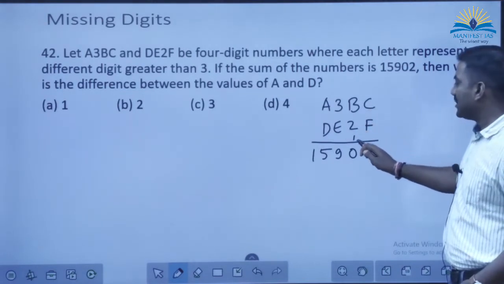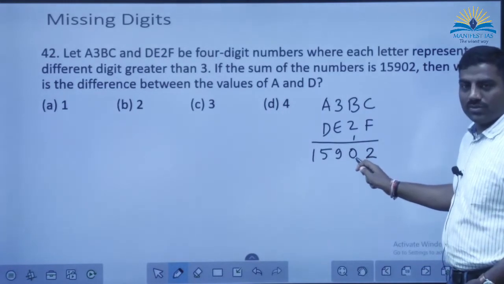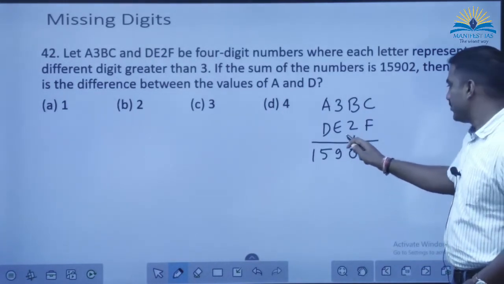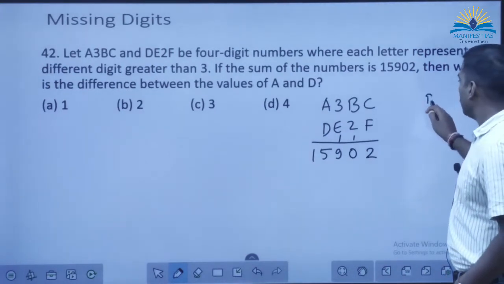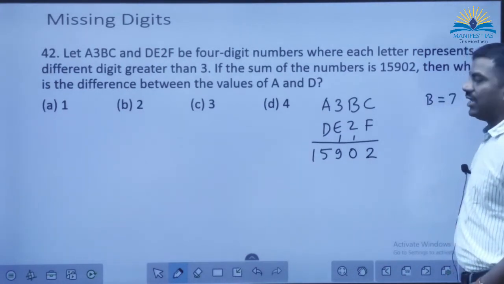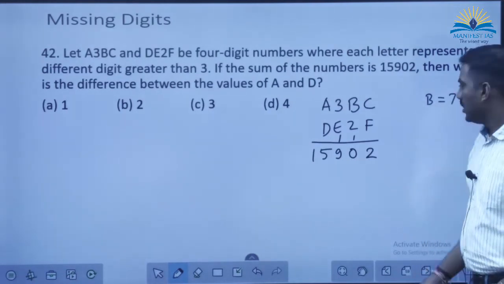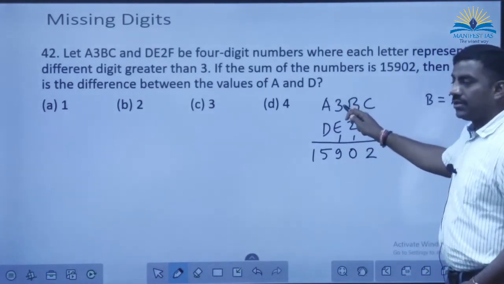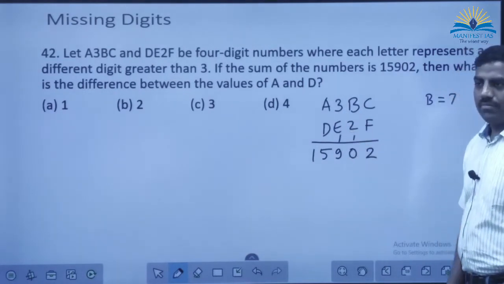B plus 2 plus 1 is giving us, actually, it is not 0, 10. So B's value is 7. Yes? Then 3 plus E plus 1 is giving me 9.